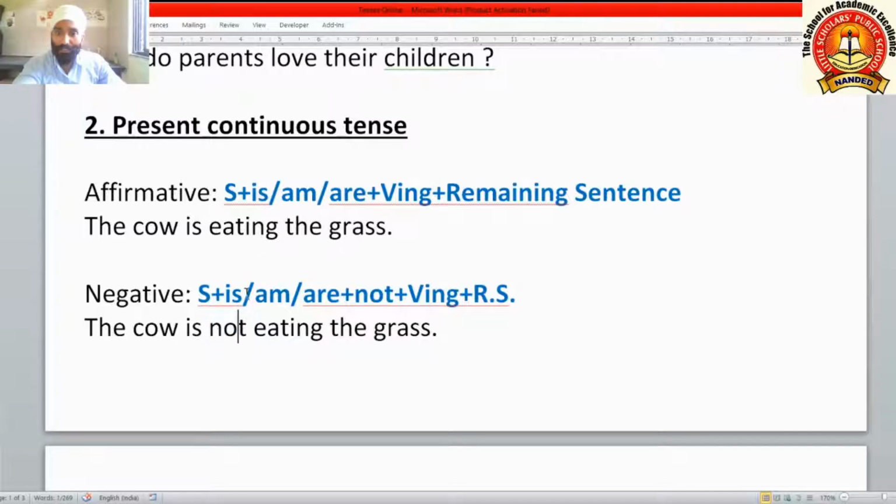Only not we have inserted in this sentence. And that not we have to insert after the first helping verb. Here only one helping verb is present, but sometimes more than one helping verb can come, such as in present perfect continuous tenses. So after the first helping verb, we have to use not, as we have used here.